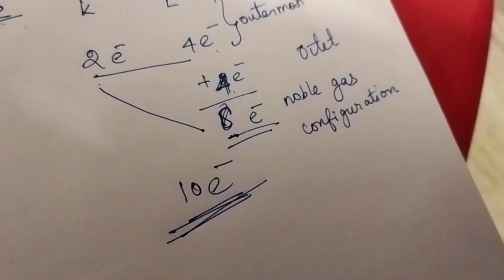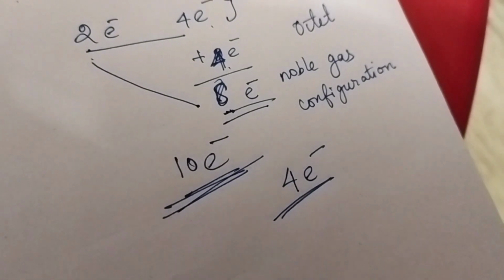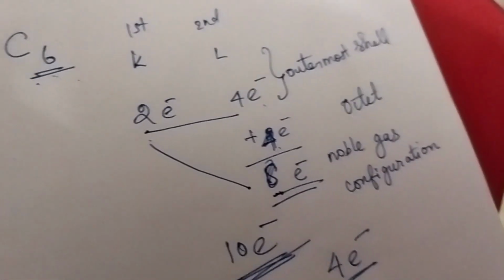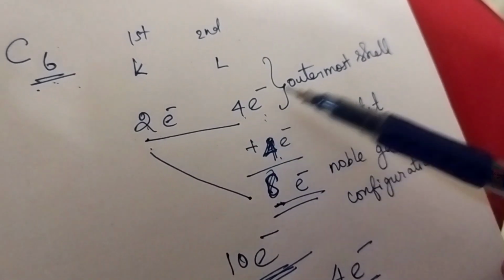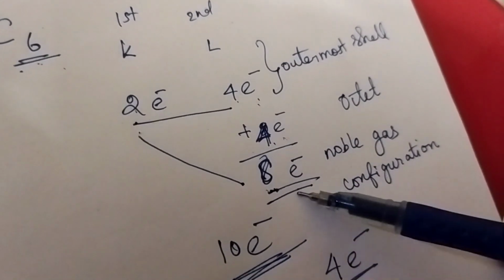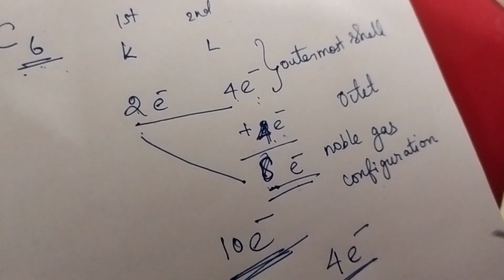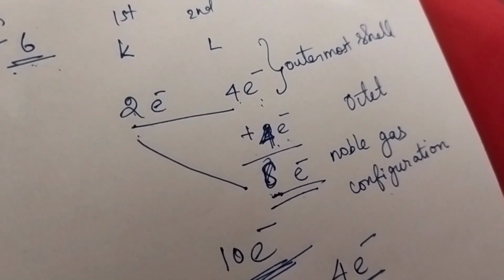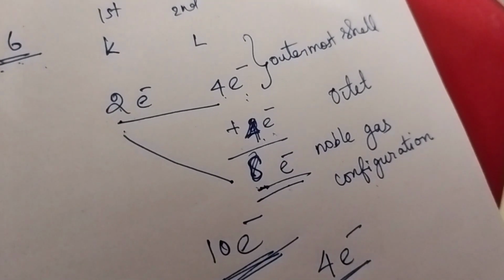Otherwise, if we lose 4 electrons, a large amount of energy is required to remove 4 electrons. Again I will repeat, it contains 4 electrons in the outermost shell. If we add 4 electrons, totally it will come to 8 electrons and it will get noble gas configuration. It will come to the octet level. But carbon undergoes one problem, it is difficult to hold 10 electrons.